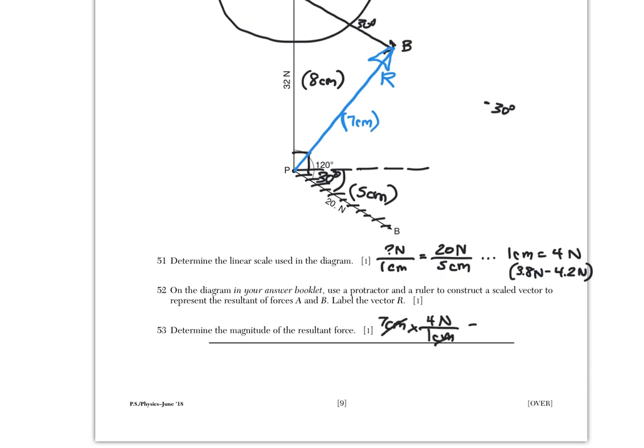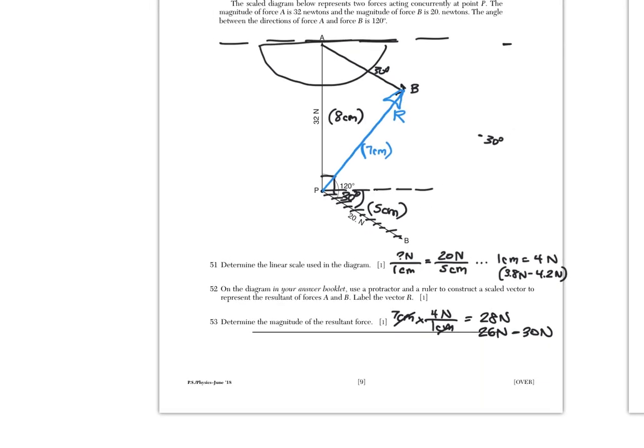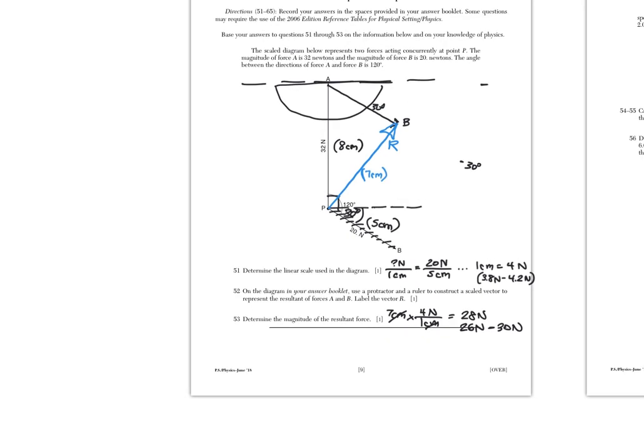We get 28 newtons, and with 7 plus or minus 0.2, the acceptable range is anywhere from 26 newtons to 30 newtons. It doesn't ask for anything else in terms of angles or whatever.